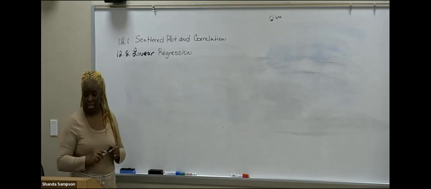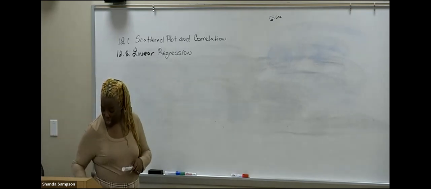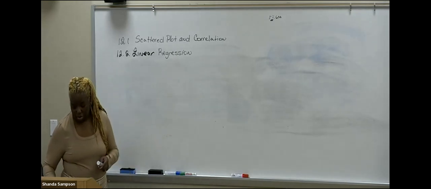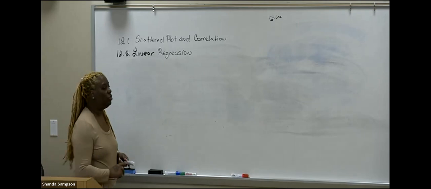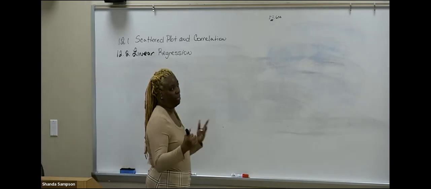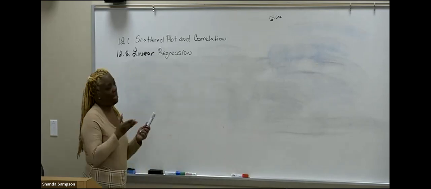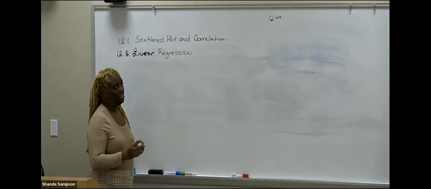But the calculator stuff is important so that you can go back to it and don't have to look up all that stuff. But anyway, we're at linear regression. So linear regression is what you may be used to knowing in algebra as a line of best fit, the line that best fits that linear relationship.